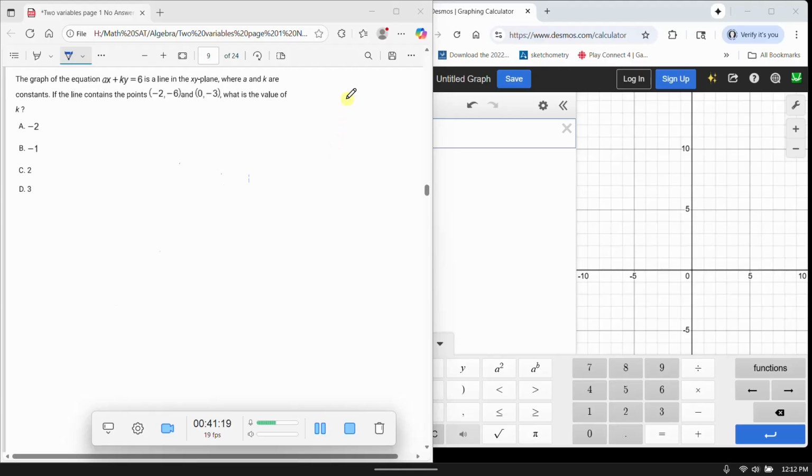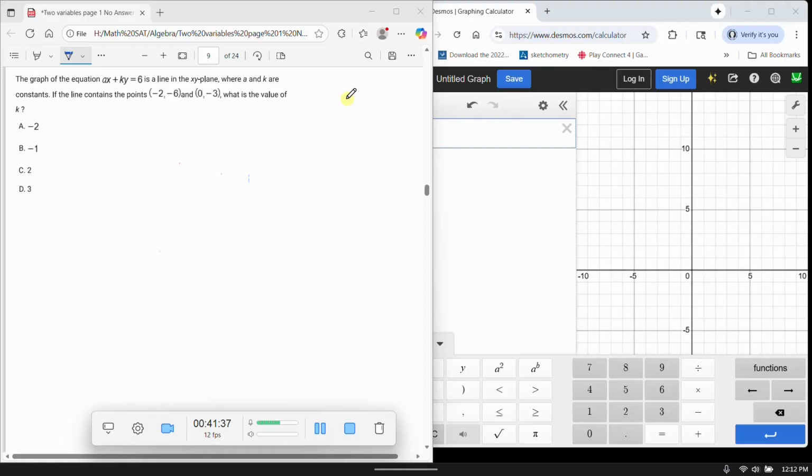On this problem, they give you the equation ax plus ky equal to 6 and two given points on the equation. They want to know what is the value of k.